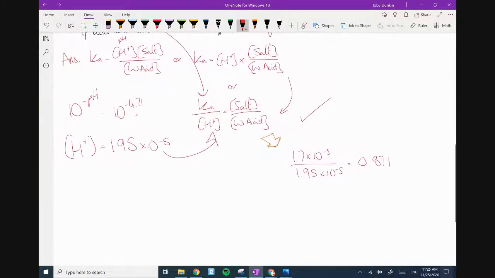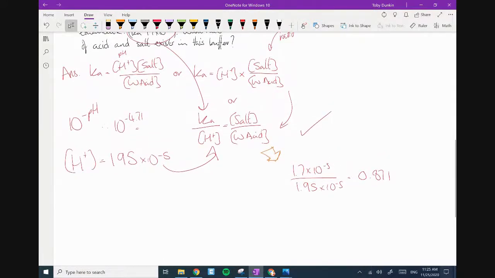Now that's smaller. So what that means, if that's below 1, isn't that the equivalent of having it like that? That's the same, right? Is that the same?